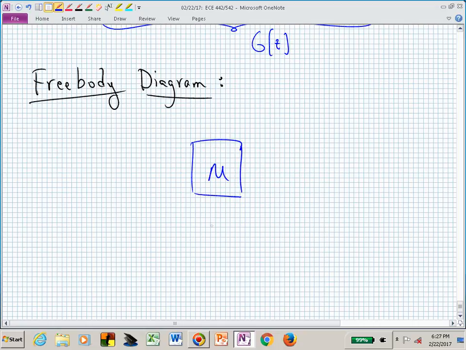Let me just call it M, and let's say that I've drawn a line in the sand, and that's the position of that mass, and now I'm going to apply a force to that mass. I'm going to call the force U of T. This is my force input. No springs, no dash pots, just a mass. I want to know what is G of S.